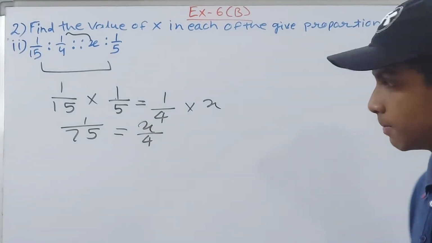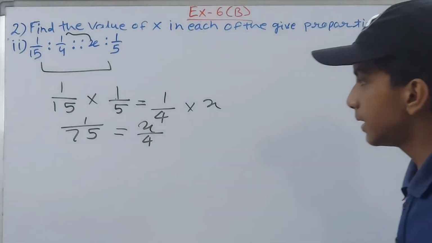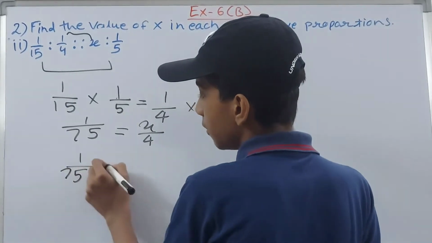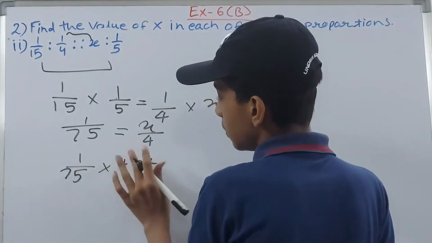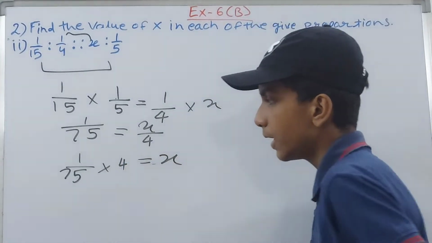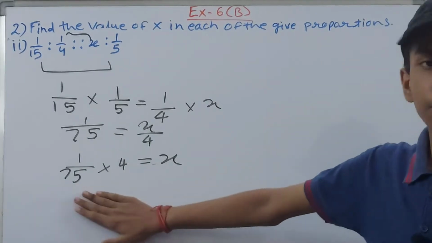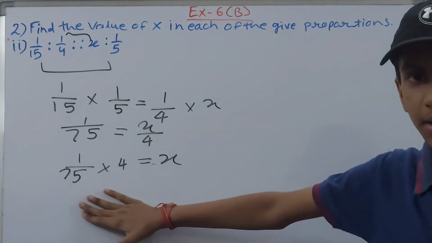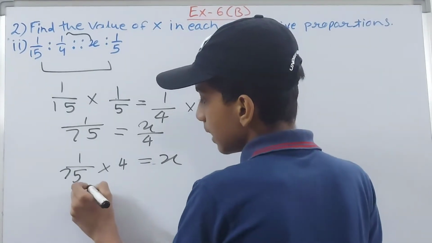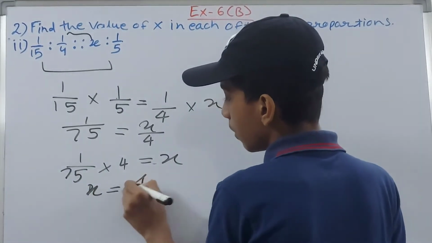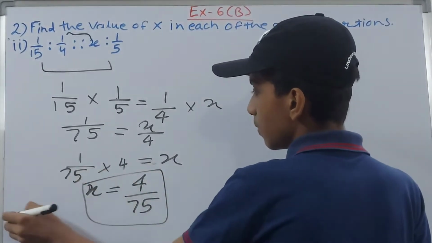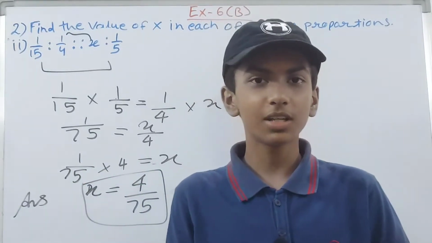Now this 4 comes here, so 1 upon 75 into 4 is equal to x. Can 4 and 75 be simplified? No, they cannot be simplified. So simply write x is equal to 4 upon 75. This becomes our answer. Let's move on to the next part.